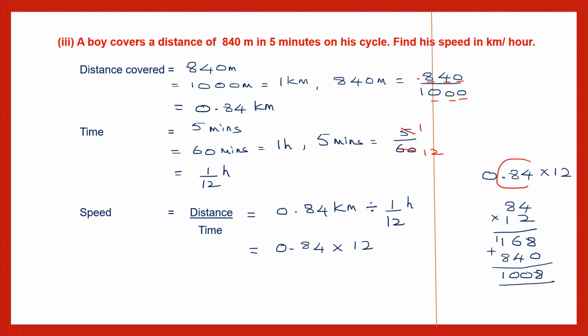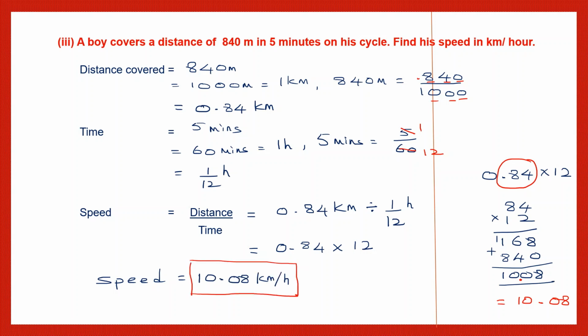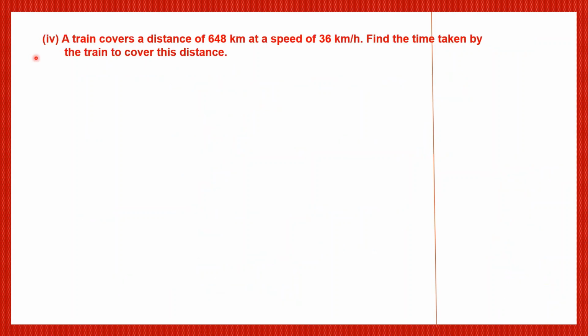There are 2 decimal places, so put 2 decimal places in your answer. So here we have 10.08. Speed is what we have to find, and we've got 10.08 kilometers per hour. So we've got our answer here. 10.08 kilometers per hour. Question 4.